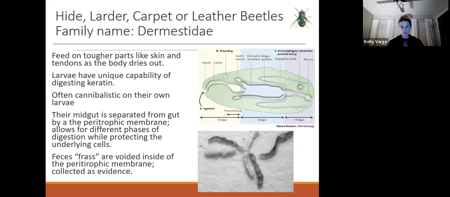Underneath our carrion beetles, we have what are called our hide, larder, carpet, or leather beetles. These come from the classification Dermestidae. And these are very much at the last stages of decay before we are a full skeleton. They are feeding on the very tough parts of the skin that have become that leathery texture.